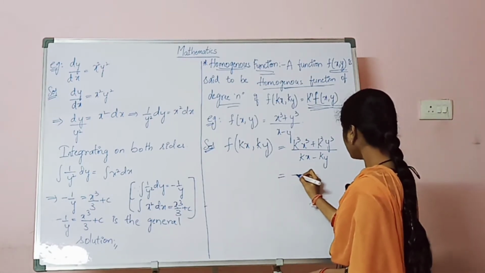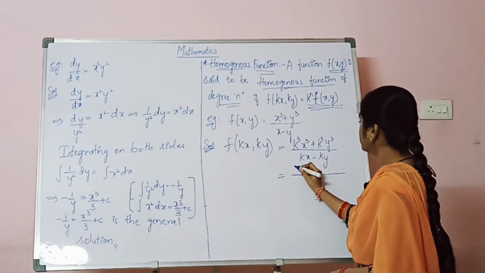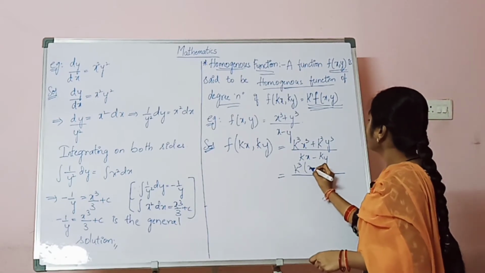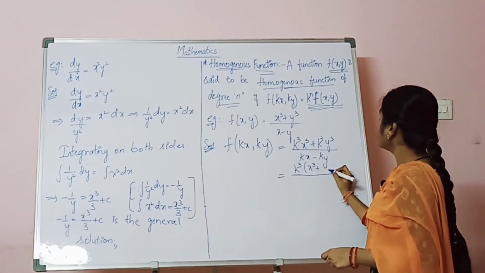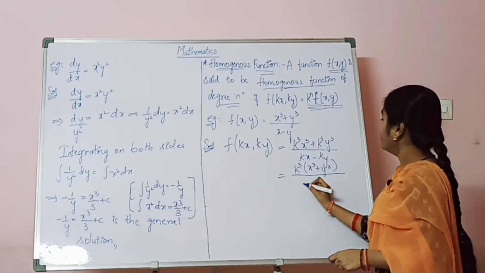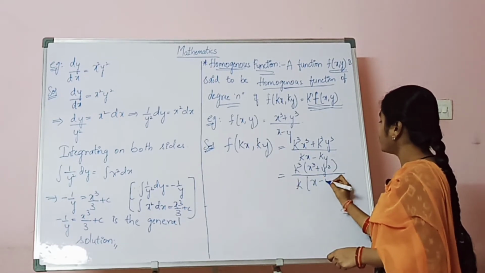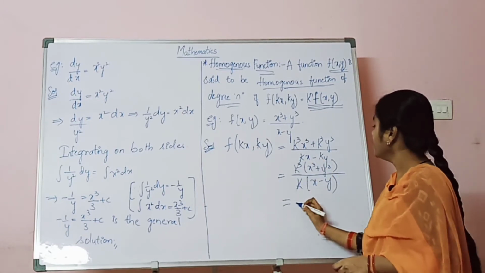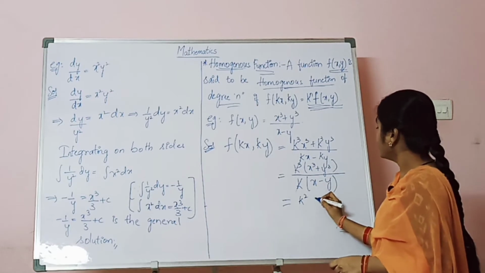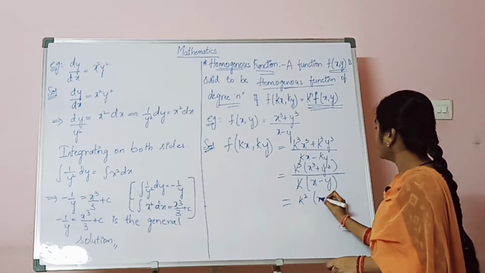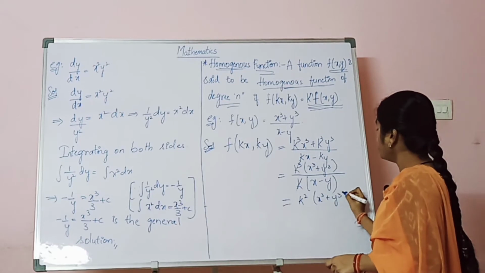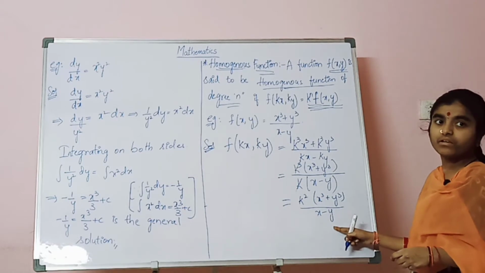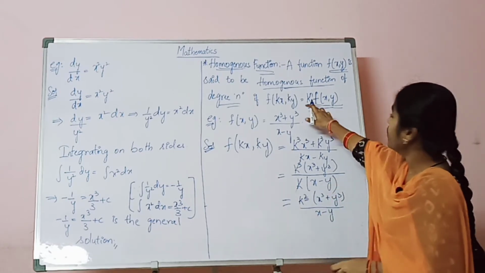Now we take k cube common: k cube into x cube plus y cube by k into x minus y. Now this k cube and this k will cancel. What is remaining here? k square into x cube plus y cube by x minus y. So what is the degree n here? What is the degree n?